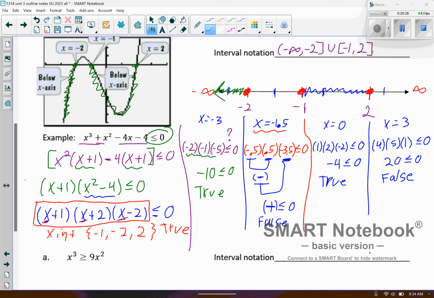You can tell by looking at the graph that this makes sense. All those values are coming back as negative results. The inequality plays an important role, because if you flip it, then you'd get the opposite. You'd want the values that are above the x-axis if it was greater than 0. But anyways, all right, let's do another one.